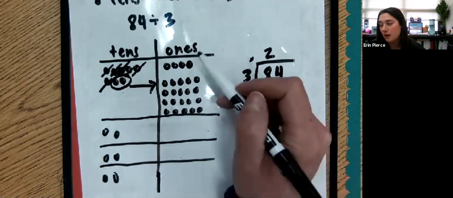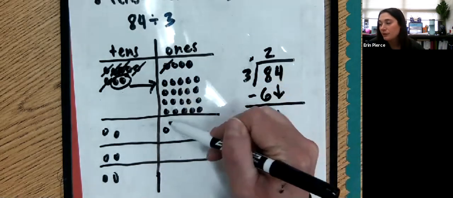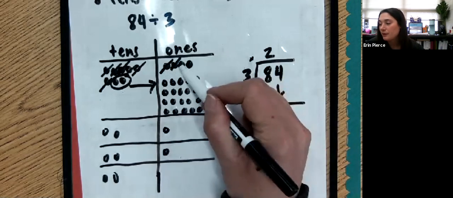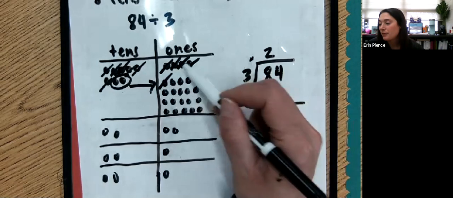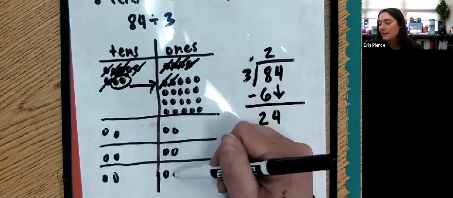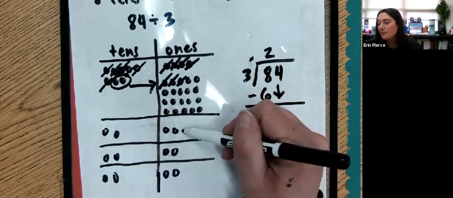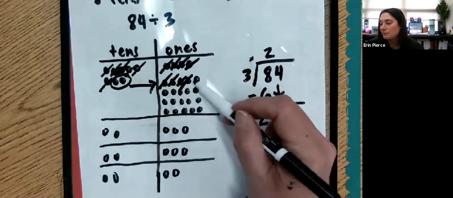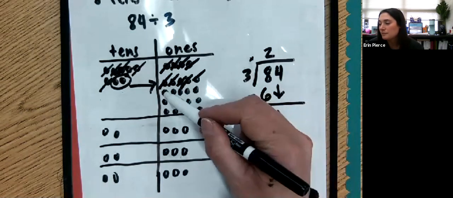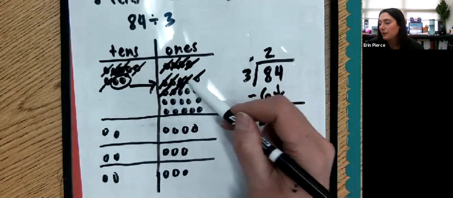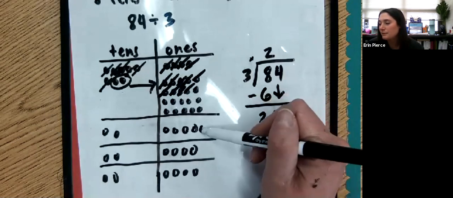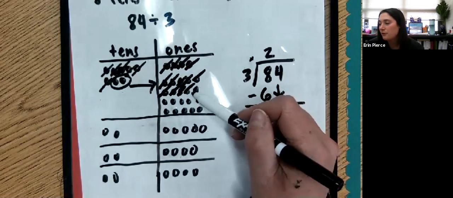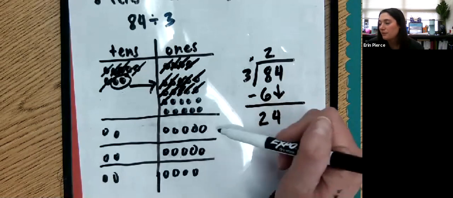You cross off with me. 1, 2, 3, 4, 5, 6, 7, 8, 9, 10, 11, 12, 13, 14, 15.